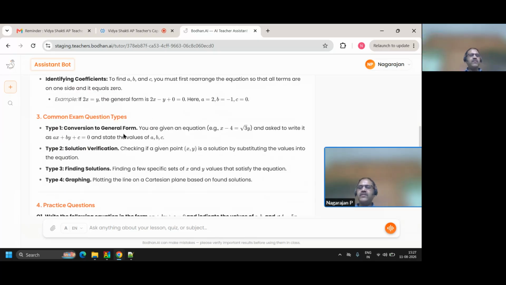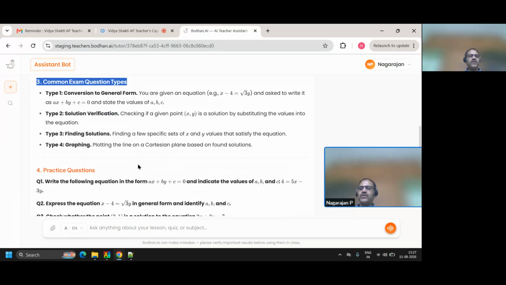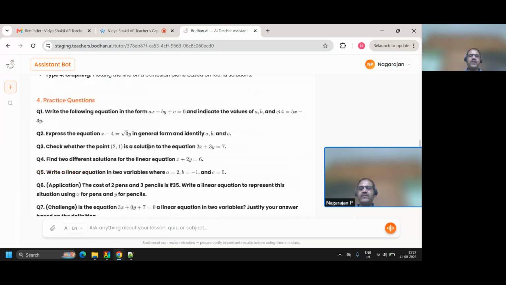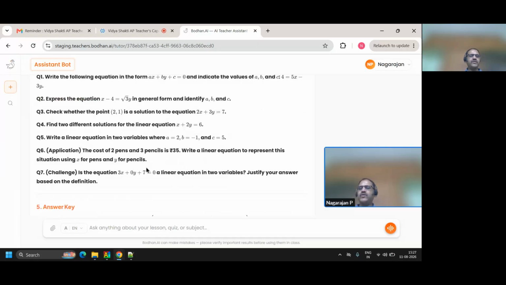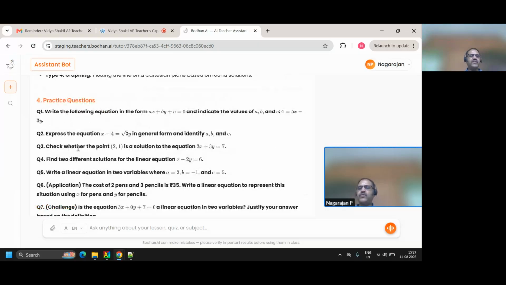Then some of the common exam question types that people will ask. Then what is the solution verification, how to find the solutions, whether we can do graphs, and a few practice questions it also gives. If you notice here, x minus 4 is equal to root 3y, in the generic equation find a, b, c.